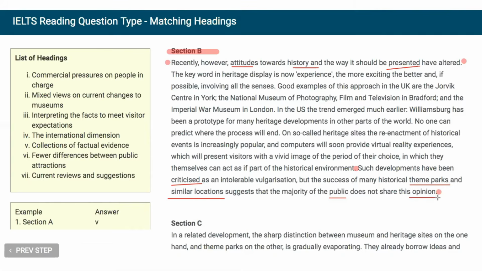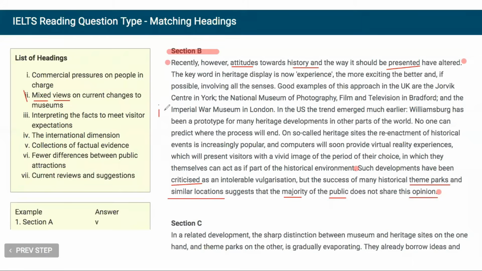So I'm looking at these 2 sentences, and I'm thinking that opinions or views, if I look here, are mixed because a lot of the majority of the public does not share an opinion. So I see that perhaps 2 seems to be a good option here.